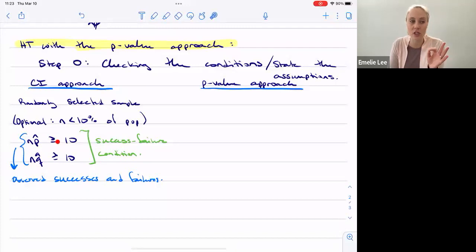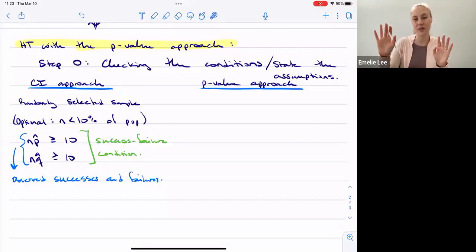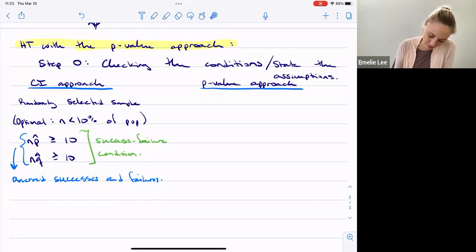And that's all that changes. That can be confusing, right? And I'll mention why it is, but it's really just a matter of memorizing it and remembering that if I'm doing a confidence interval, then these are the conditions that I check. If I'm doing a hypothesis test, then these are the conditions that I check, right? And you're working open book, so make sure that you have that somewhere in your notes for when you're doing these problems.